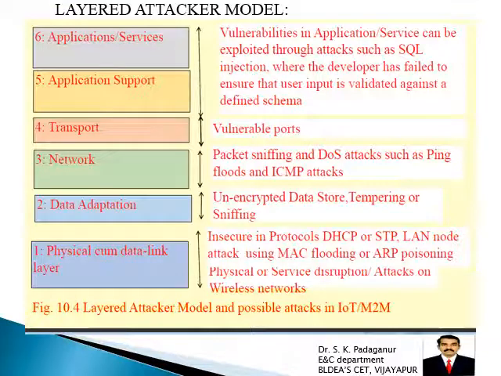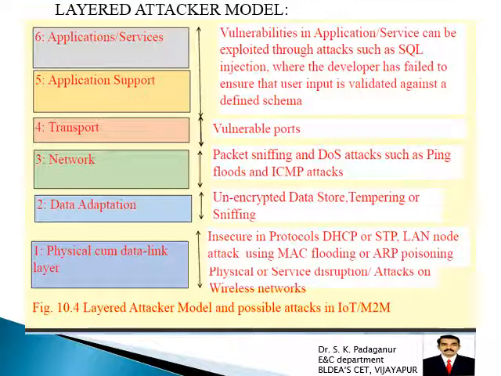So in each layer, what are the different possible attacks, and how they can be mitigated and protected against these attacks. For example, in the physical layer, securing protocols such as DHCP and STP may be attacked.